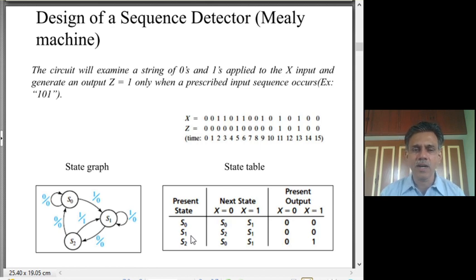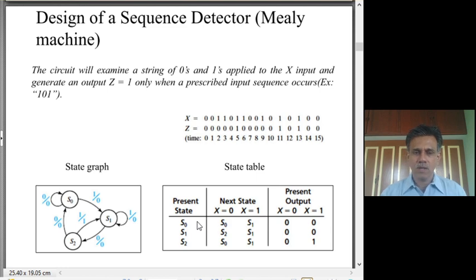So here what we have done is we have treated the subscript to be a decimal number, and the corresponding bit pattern, this binary number, we have used to stand for the values of A and B, which are used to encode the state. If you do so, this is called a straight binary assignment of the state variables to the state.